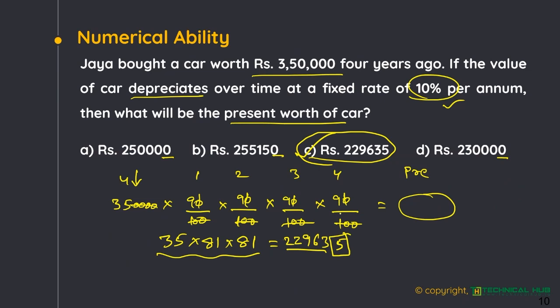Here the units place is 5, that is given only for one option, that is option C. Automatically, option C is the right answer. Two lakh 29,635. That is the required answer. If you want the confirmation, you just calculate using manual calculation.